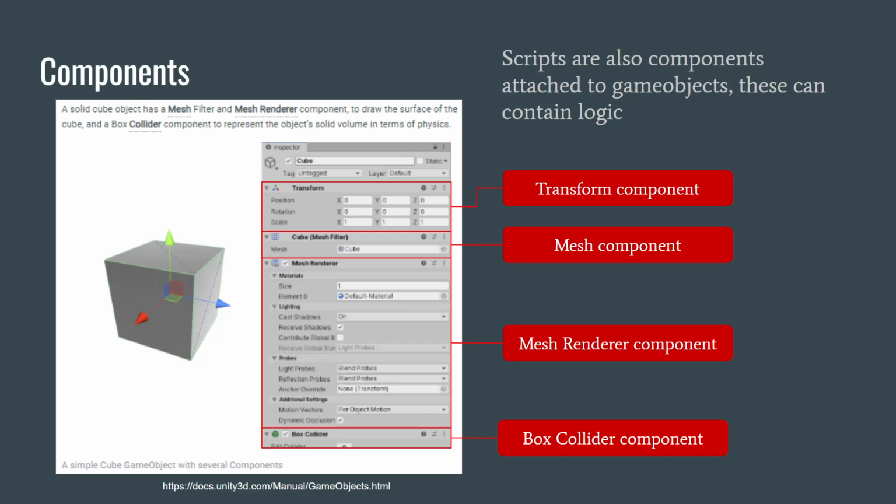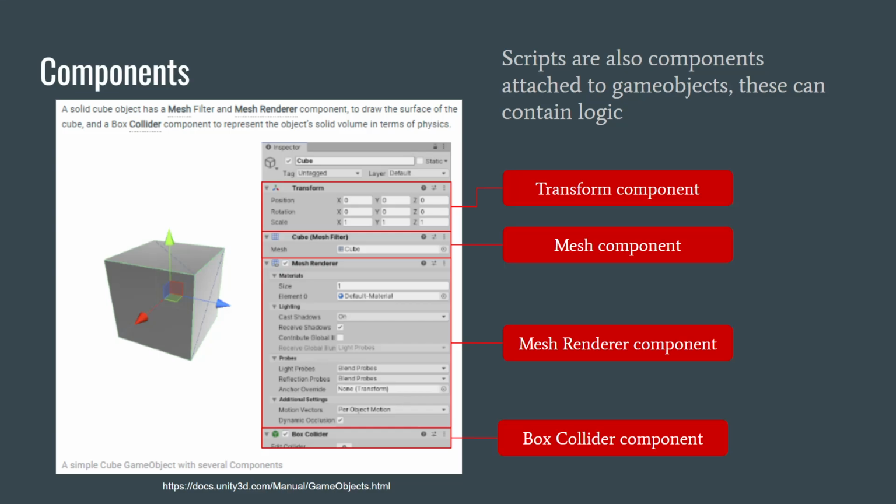Each component, like these are some basic components that we have. The mesh renderer is how you can actually see the cube as a physical object. The mesh filter, we'll go into this way later. And the transform component is a predefined component on every game object. There's no game object without a transform component. The transform component has values dictating the position, the rotation, and the scale of the game object. Do you see these three arrows? These are the X, the Y, and the Z axes, and the position can be controlled by dragging them.